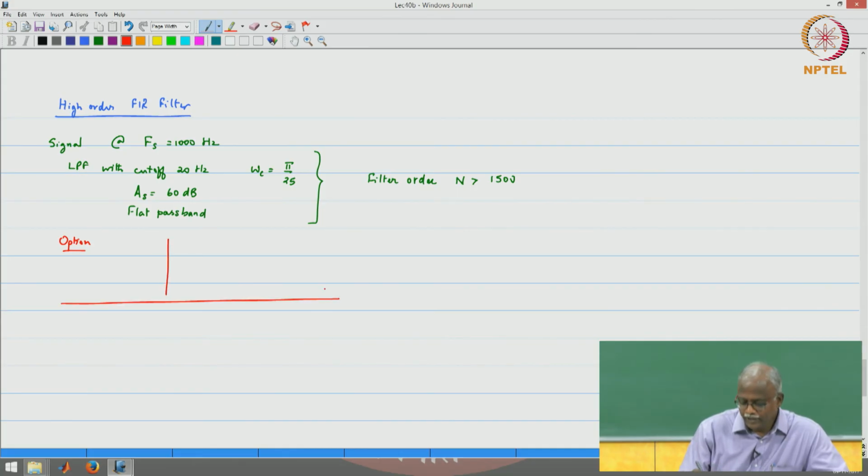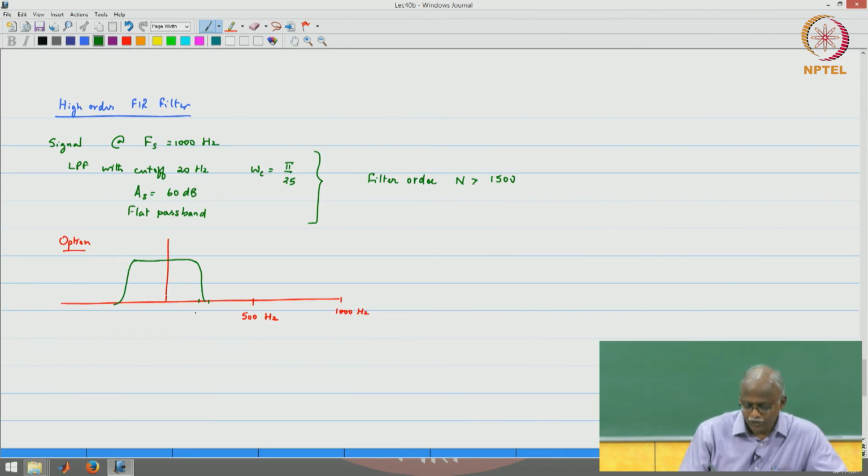So you tell the program, well, don't worry about it, I design something which is a little bit easier for us to do. So this is 1000 hertz sampling frequency, half the sampling frequency is 500 hertz, and we say that okay, design a filter with a cutoff around 200 hertz, with a reasonable flat pass band, and you do a cutoff over here.